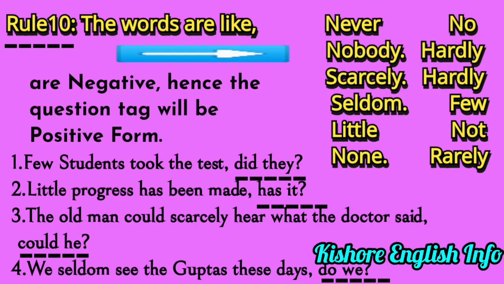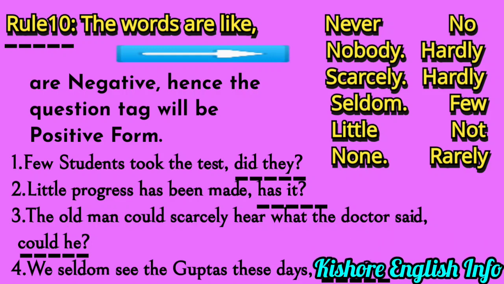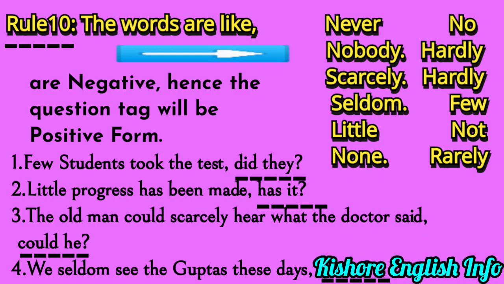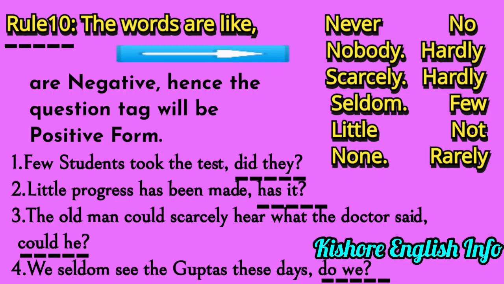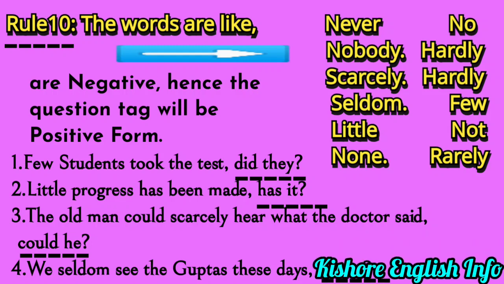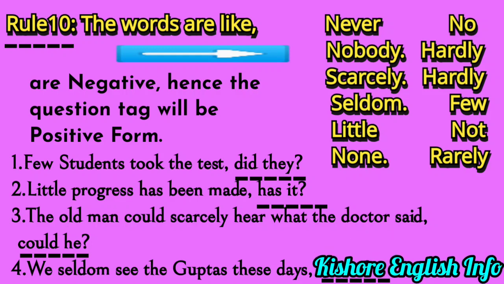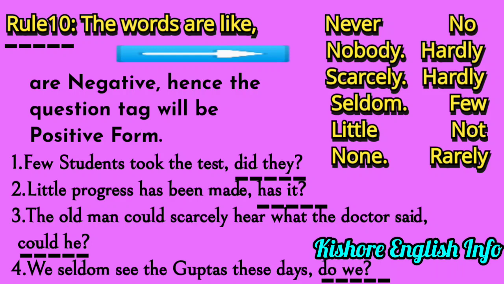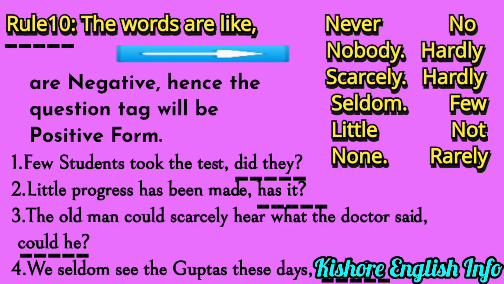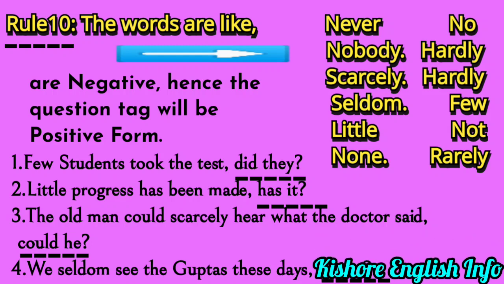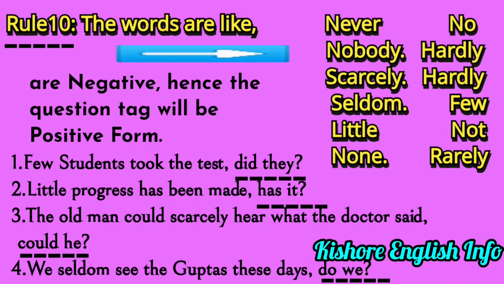For example, few students took the test, did they? Instead of didn't, we use did they, because few students is already negative. When we say many students came or all students came, they refer to a complete positive form. But if only a few come, it is already limited, so it directly indicates a negative form.